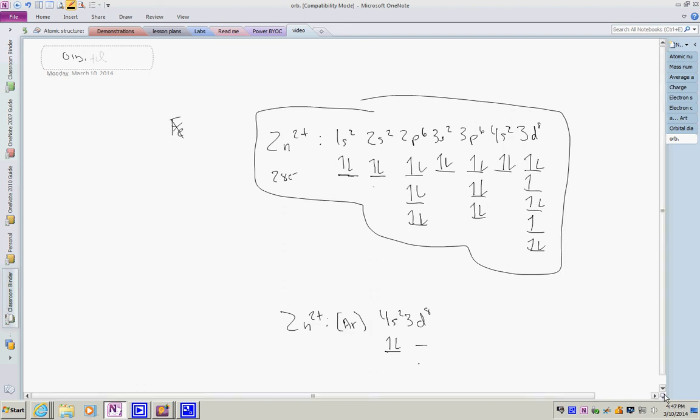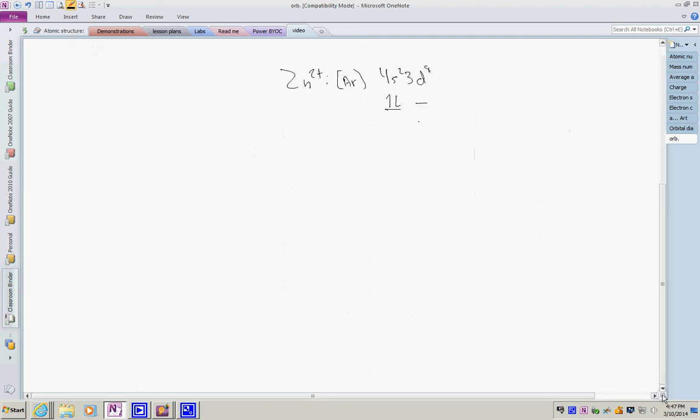I'll extend my line a little here. 1, 2, 3, 4, and 5. And in this case, I still have my electrons. I'll have the top 2 blank this time instead. And this is the orbital diagram for zinc 2 plus ions.